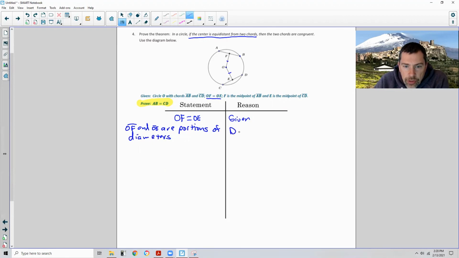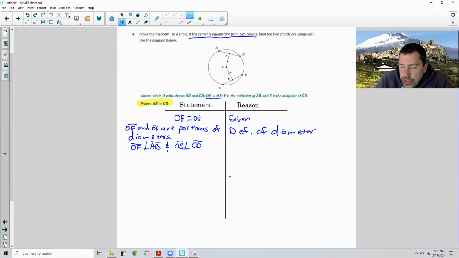And that's the definition of a diameter. Okay, now I'm going to say that OF is perpendicular to AB and OE is perpendicular to CD.